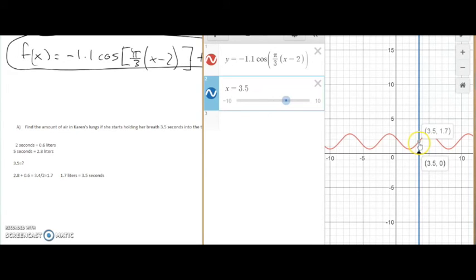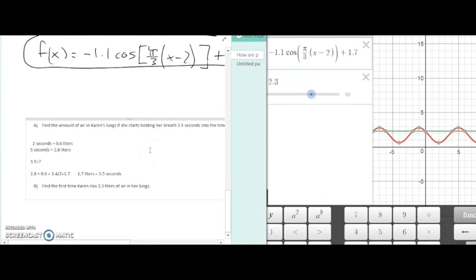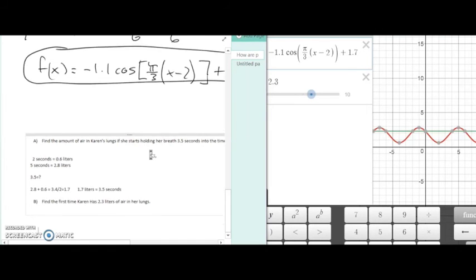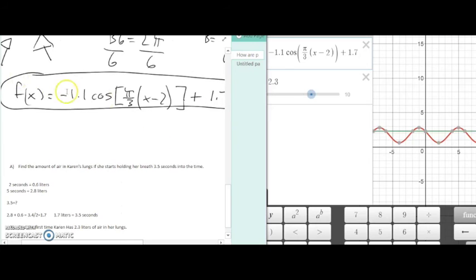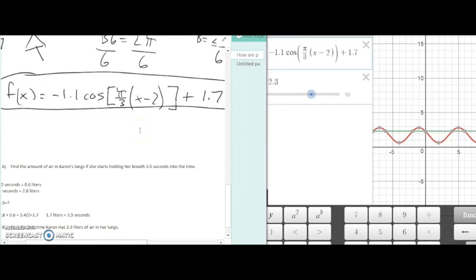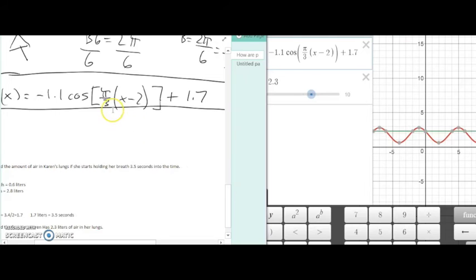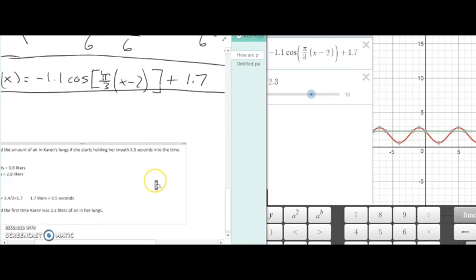Okay, now we have to do problem B: find the first time Karen has 2.3 liters of air in her lungs. Basically we can use the equation we found, f(x) equals negative 1.1 cosine[pi divided by 3 (x minus 2)] plus 1.7.